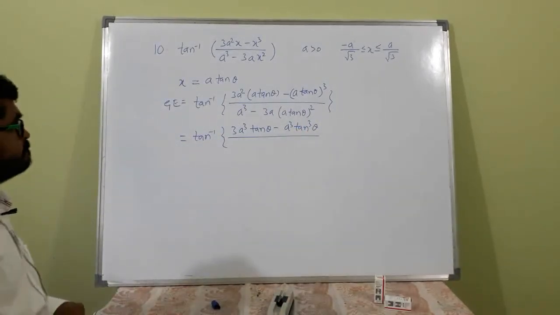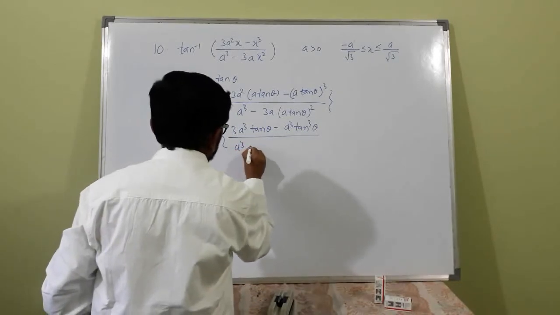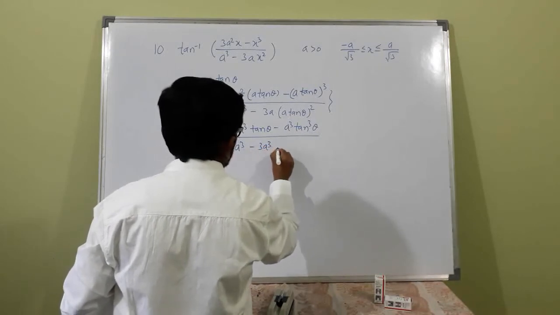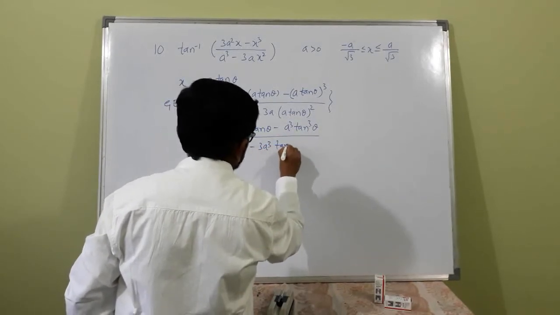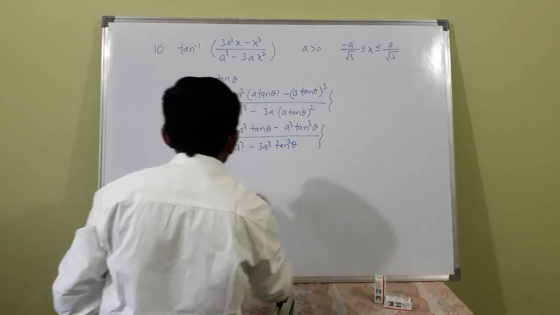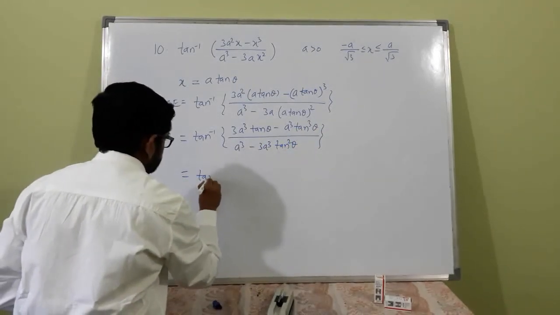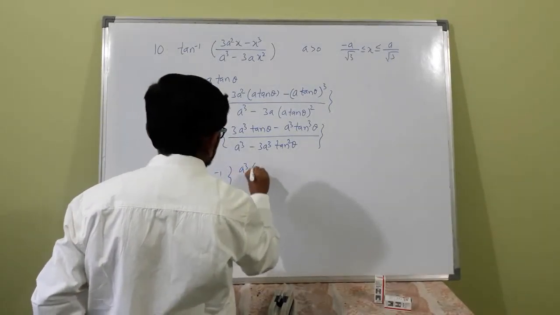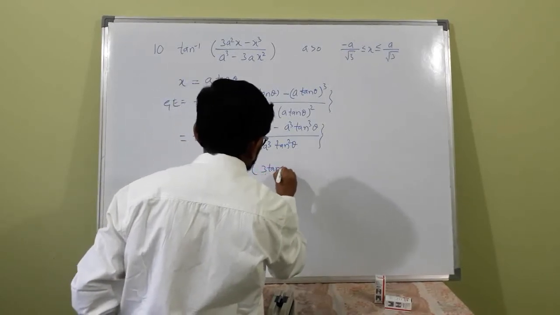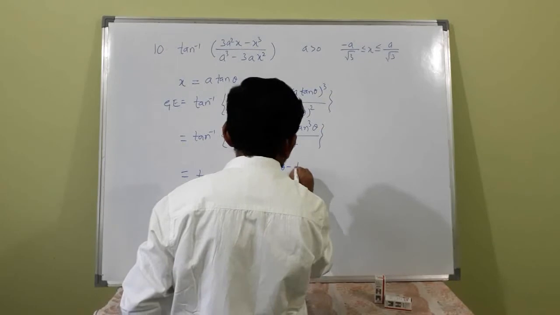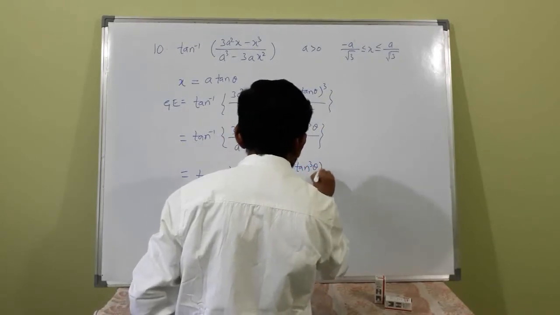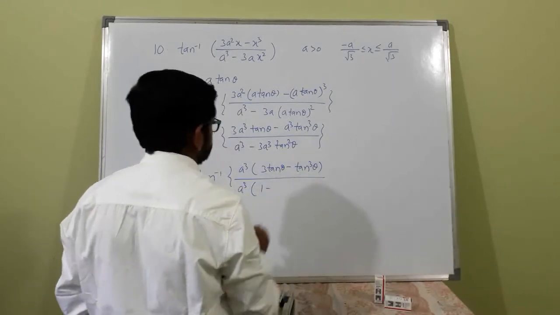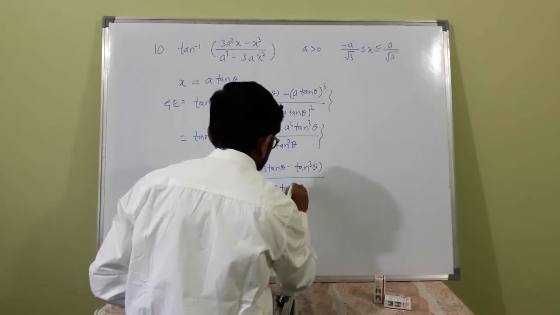Divided by a cube minus 3a cube tan squared theta, that is equal to tan inverse, if you take a cube common, 3 tan theta minus tan cube theta divided by a cube times 1 minus 3 tan squared theta.